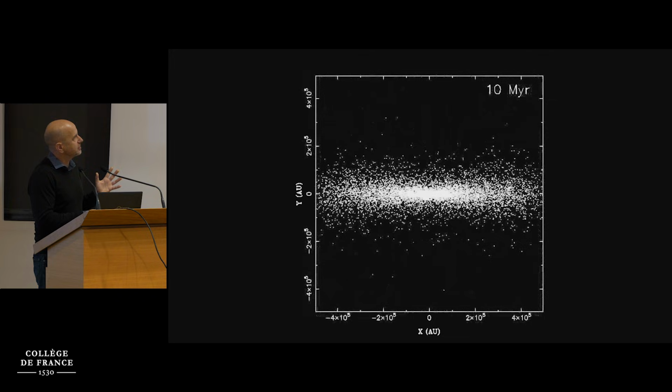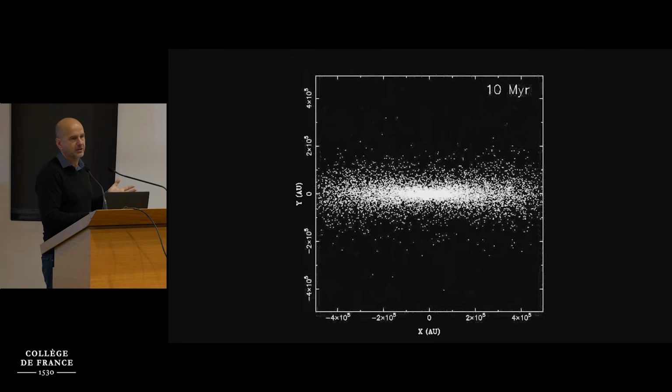Bodies have been scattered along the ecliptic, sometimes to extremely large distances, where they're already unbound from the sun and will become part of the galaxy. But at this point, the scattering produced by the giant planets basically scattered everything in the same plane to very large distances.